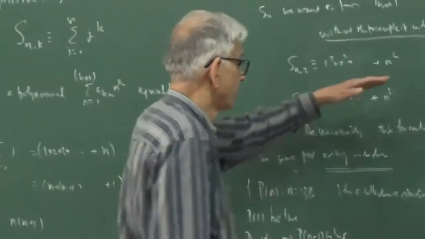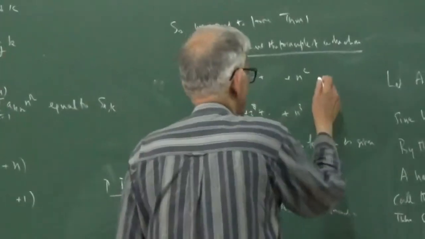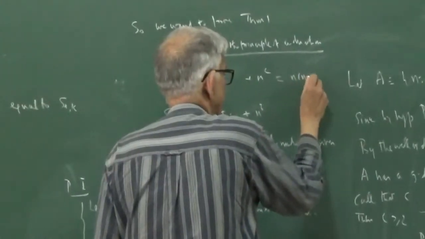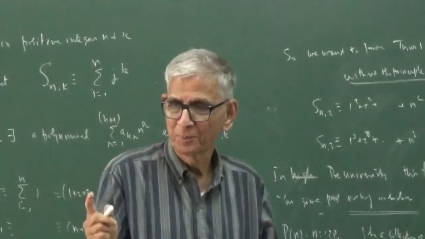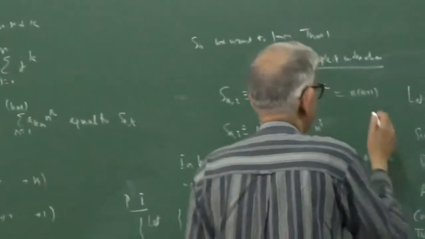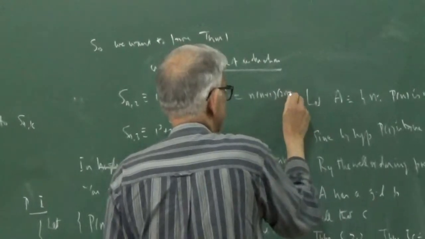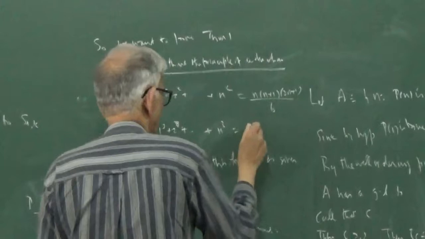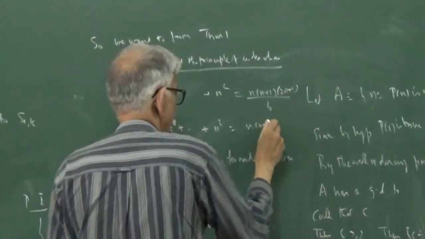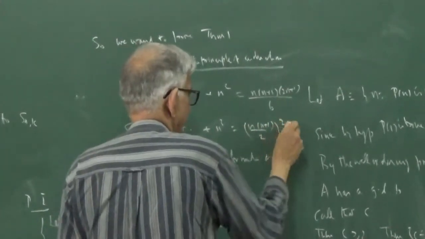S_n^2, we know from high school days, is equal to n into n plus 1 into 2n plus 1 by 6. And then S_n^3 is going to be equal to n into n plus 1 by 2, quantity squared.